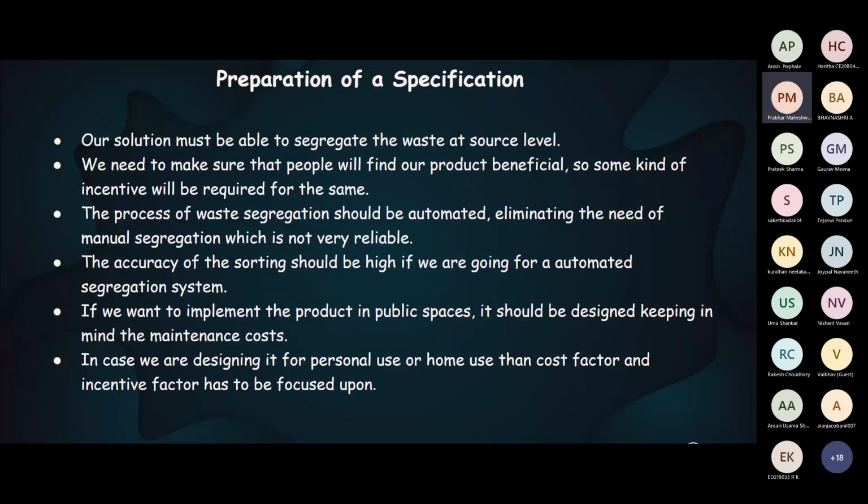Before moving to the next, I would like to ask people if they have thought of any other constraint or any other point that we should keep in mind before going towards the generation of possible solutions. Can anyone suggest anything that we couldn't think of after getting this much information about the problem statement? Sir, can you repeat?